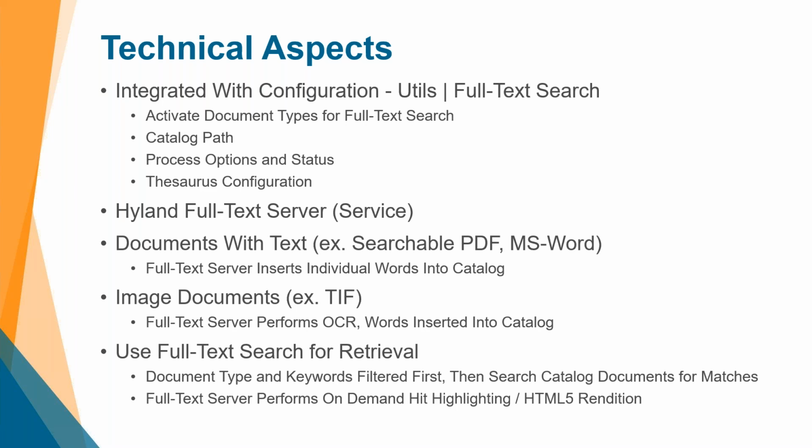Then the search catalogs of the documents, it runs through the catalogs to try to find the matches based upon your text criteria. So it's very quick to get to that information. The full text server itself is then going to go ahead and perform that hit highlighting for you and deliver that back to the client. And that's an HTML5 rendition of that particular document.